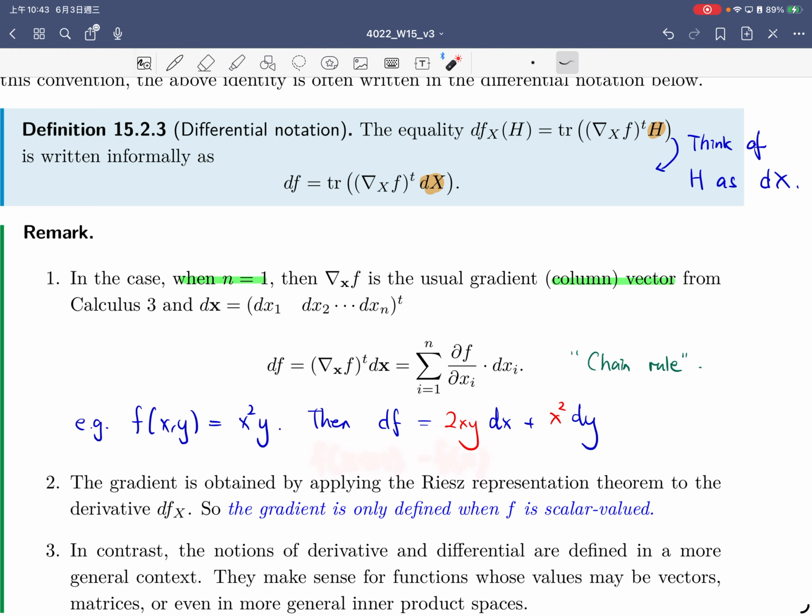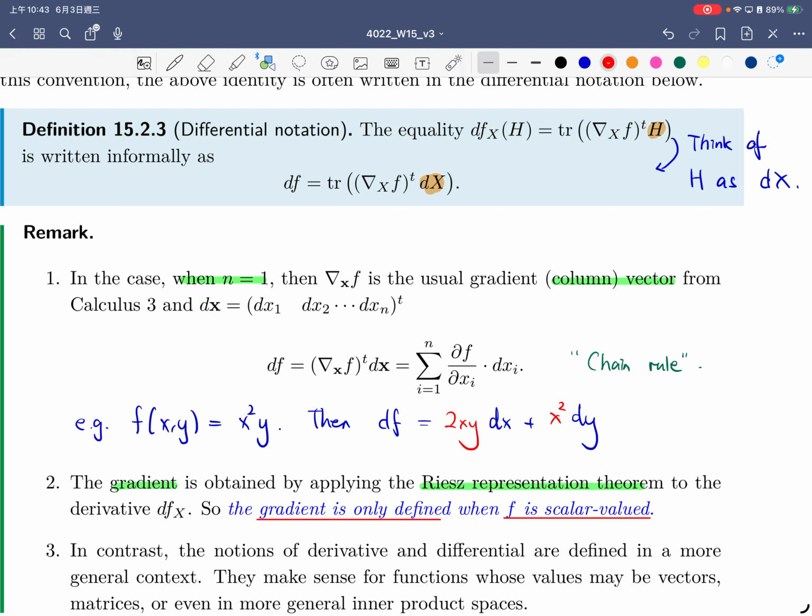However, how about the gradient? If you want to get from the derivative to the gradient, you need the Riesz representation theorem. So the gradient is obtained by applying the Riesz representation theorem. And you can't apply it to all linear maps, but only linear functionals. So that's why the gradient is only defined when f is scalar valued.